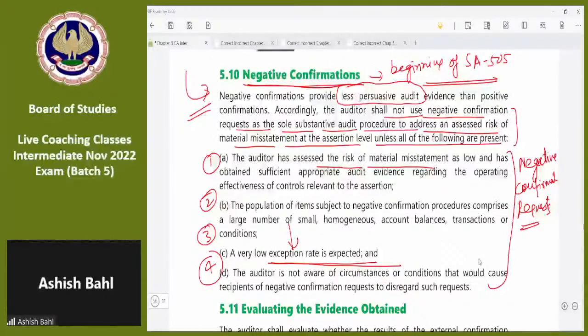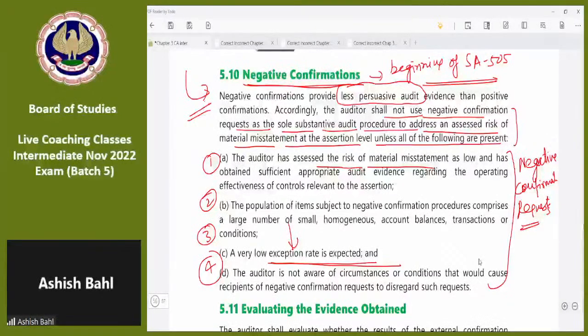It means the controls are operating effectively, the assessed risk of material misstatement is low, there are fewer chances of fraud, and the auditor wants only a few people to respond. Say there are thousands of debtors, small debtors with balances of small value. So he would design his confirmation in such a way that only persons who disagree with the request respond. And there is a low exception rate.